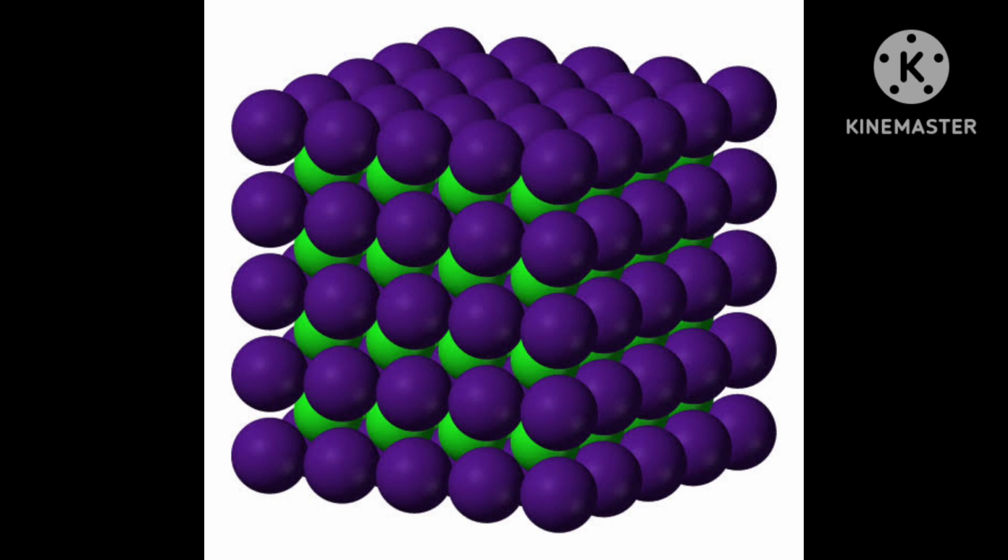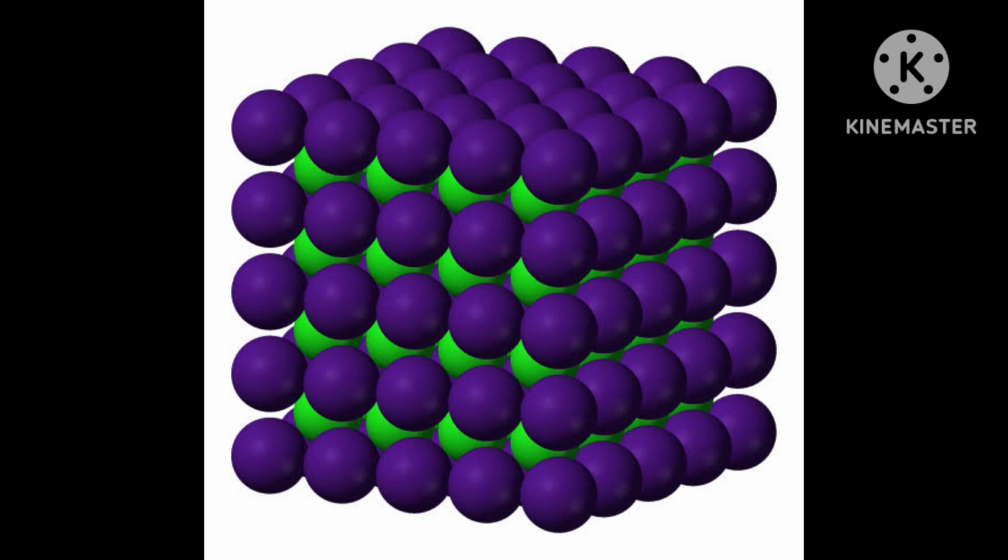Now come to the anisotropy. Crystalline substances are anisotropic in nature, but amorphous is isotropic in nature.